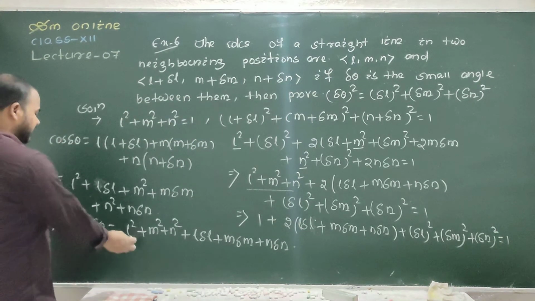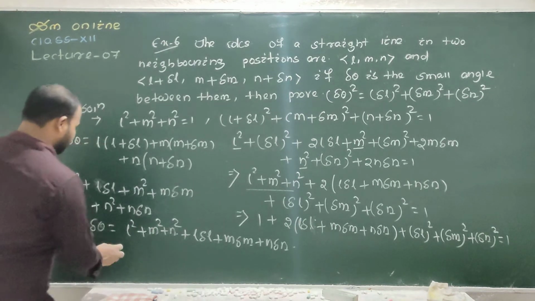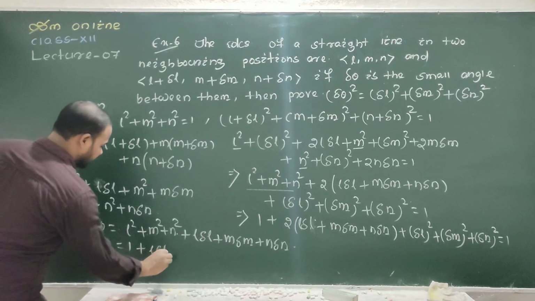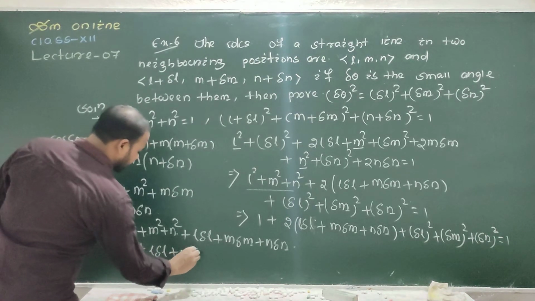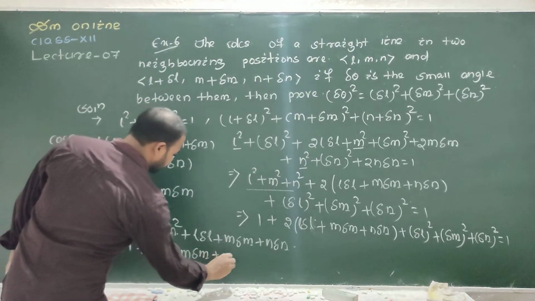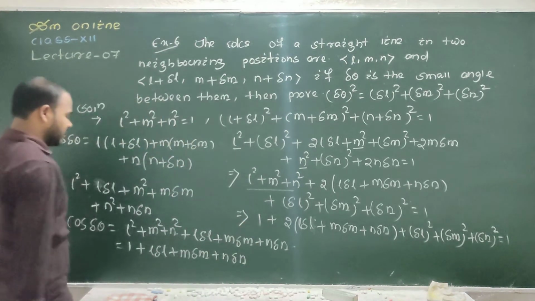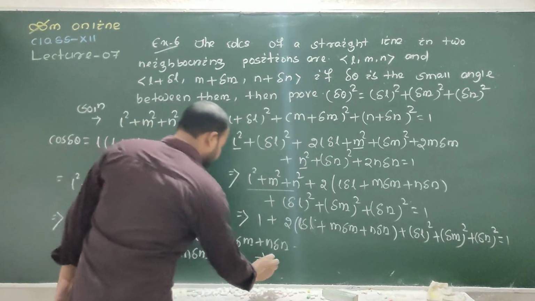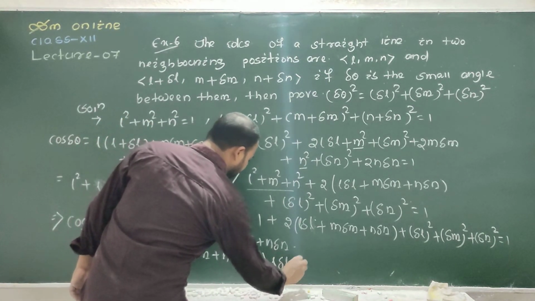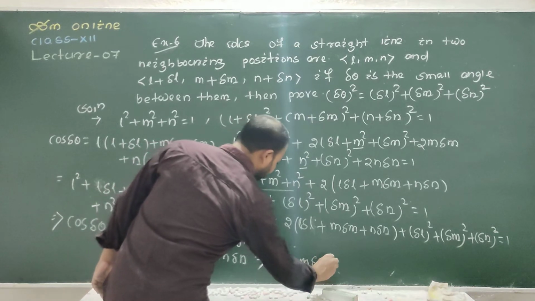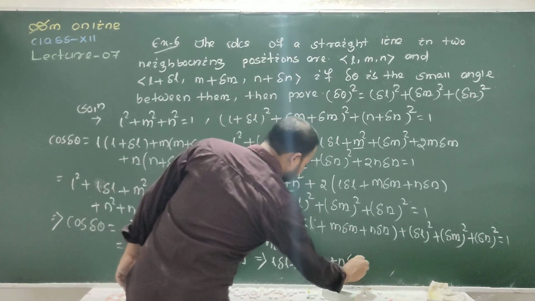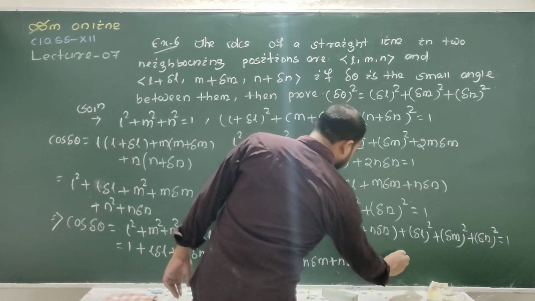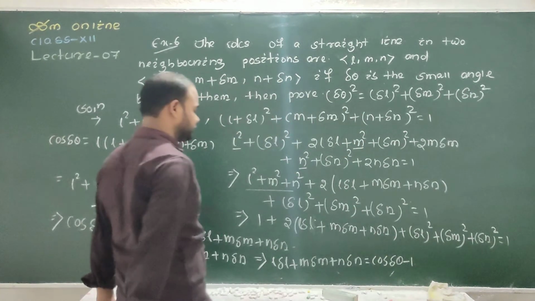Okay, and you know that L square plus M square plus N square equal to what? This is 1 plus L del L plus M del M plus N del N. Okay, and here we get finally L del L plus M del M plus N del N equal to cos del theta minus 1.